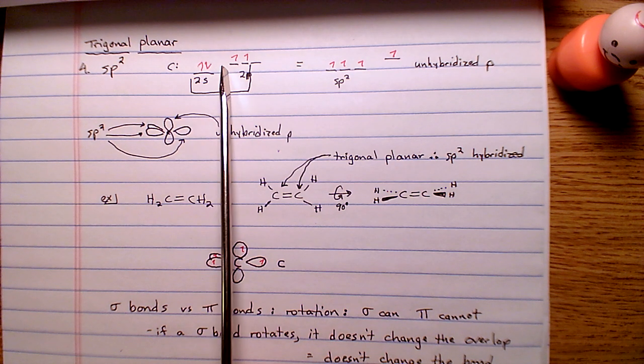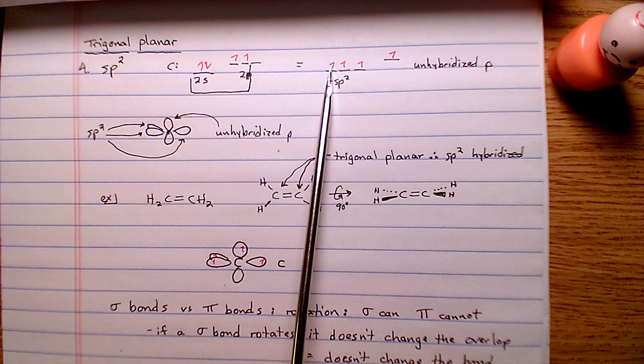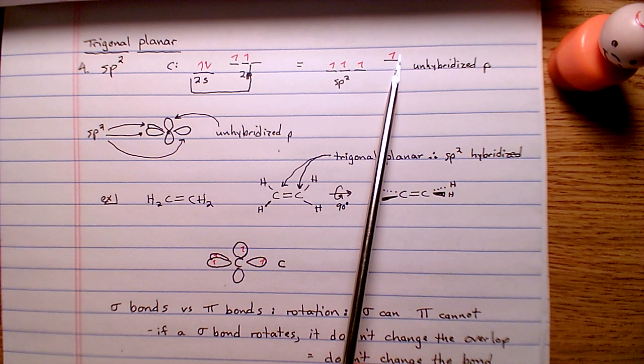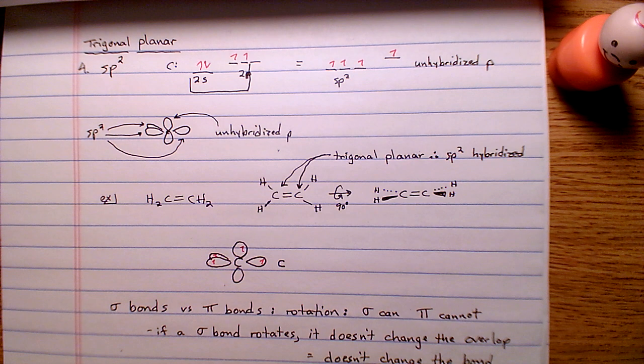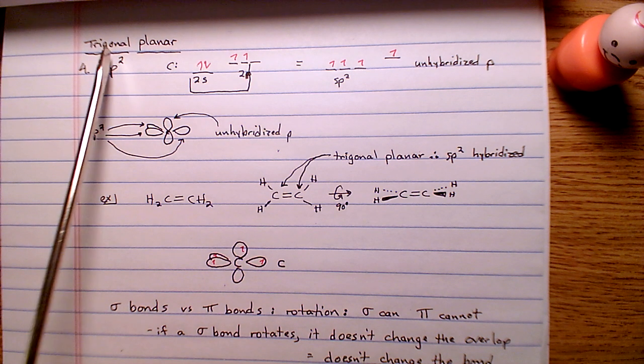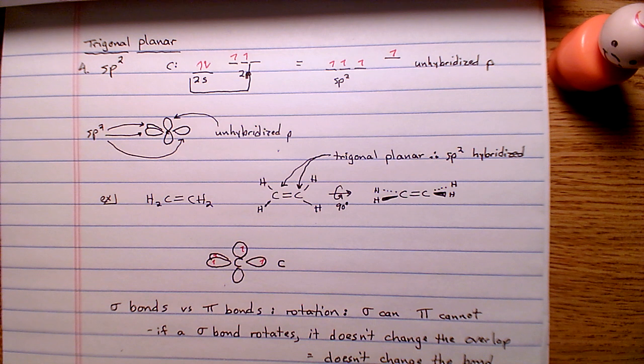We put our four electrons, one in each orbital and one in the unhybridized p, and that will give us an sp2 hybridized atom. Note, you saw that the atom was trigonal planar. VSEPR theory told us it was trigonal planar. And because it's trigonal planar, we now know it must be sp2 hybridized, that central atom.